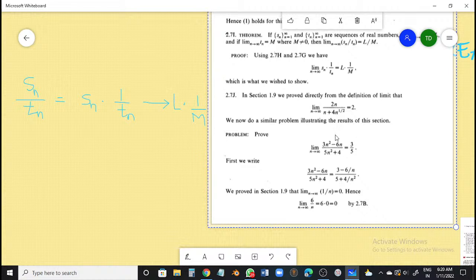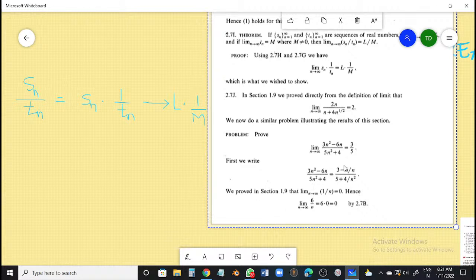So let us see over here. We are given to prove that the limit as n tends to infinity of 3n square minus 6n upon 5n square plus 4 is 3 by 5. First we deal with the terms. We take n square common. Once we take n square common, from the numerator we have n square, and from the denominator also we have n square, so that n square is going to get cancelled.